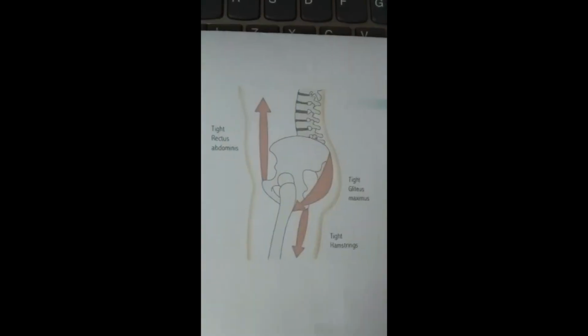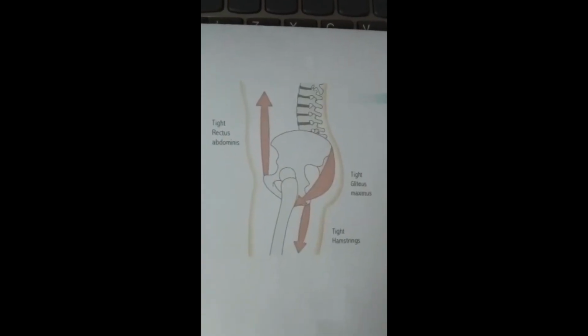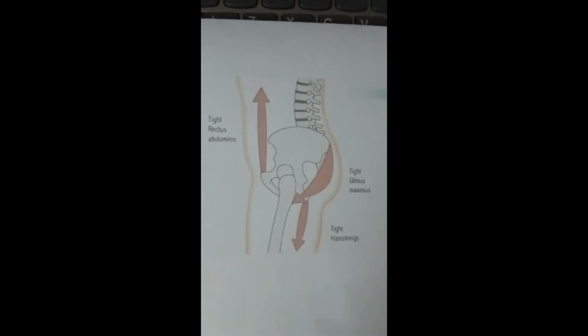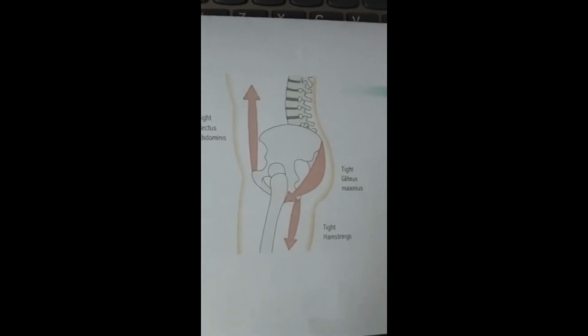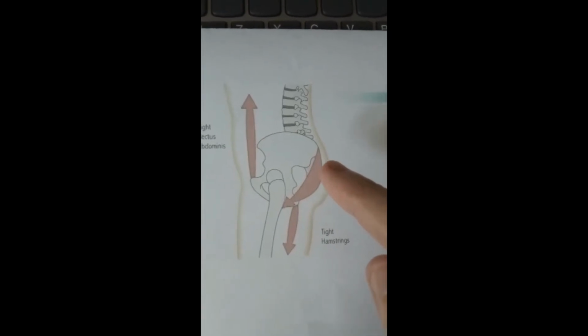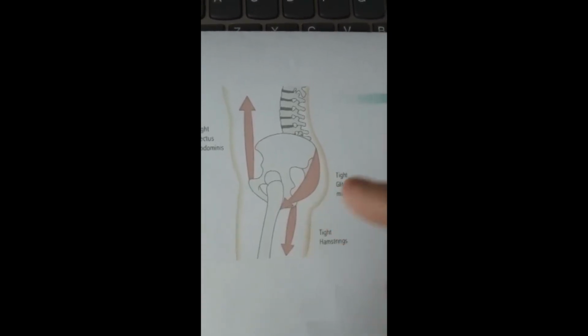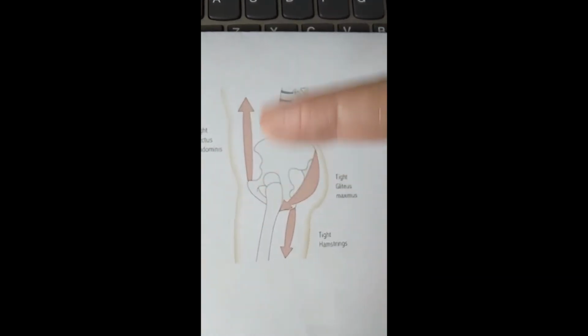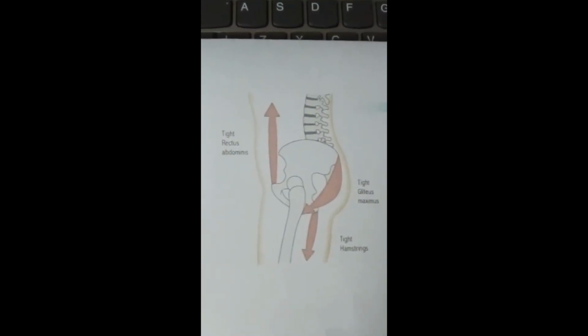Now I'm going to go on and talk about posterior pelvic tilt. With posterior pelvic tilt, this is where the back of the pelvis lowers and the front of the pelvis gets pulled up.